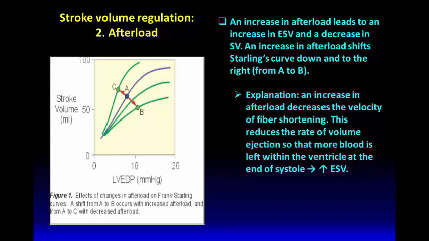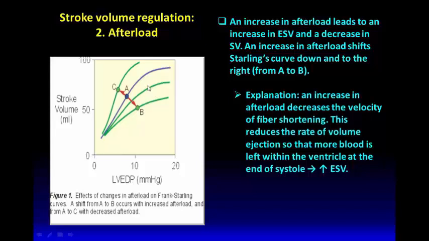Thus, an increase in afterload shifts Starling's curve down and to the right, from A to B. So these are Starling's curves with increased left ventricular afterloads. Of course, this curve should have higher afterload than this curve.